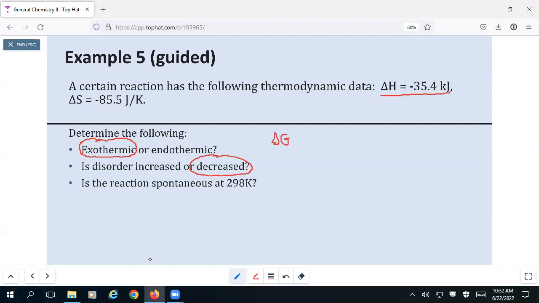So delta G is equal to delta H minus T delta S: negative 35.4 kilojoules minus 298 Kelvin. And again, we're going to change the joules here to kilojoules since we are calculating delta G. So 85.5 would be negative 0.0855 kilojoules per Kelvin.